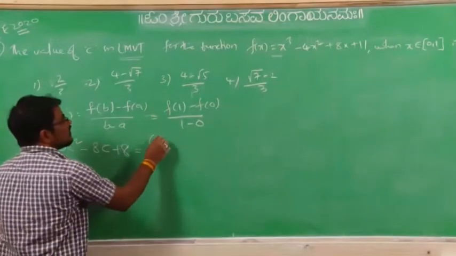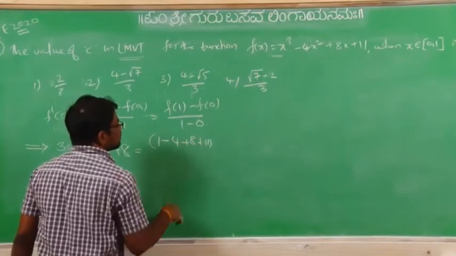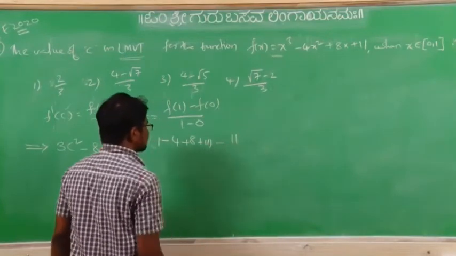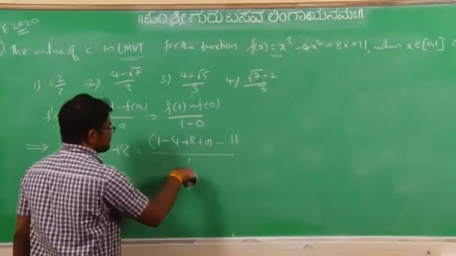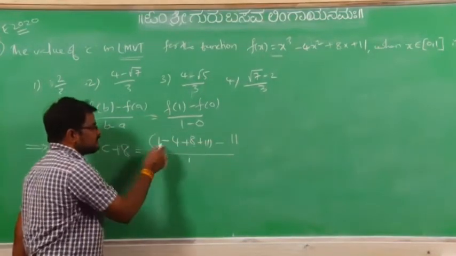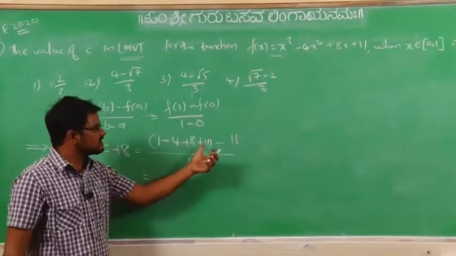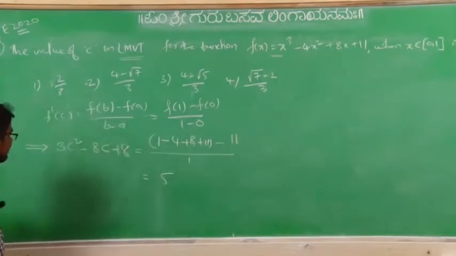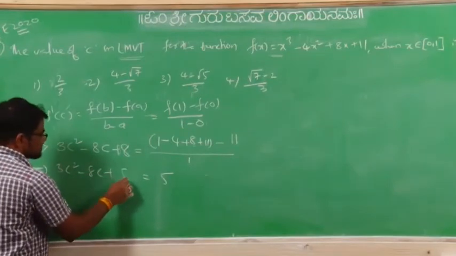F of 1 is 1 minus 4 plus 8 plus 11, and f of 0 is 11, divided by 1. That is 16 minus 11, which is 5 only. So 3c square minus 8c plus 8 equals 5.